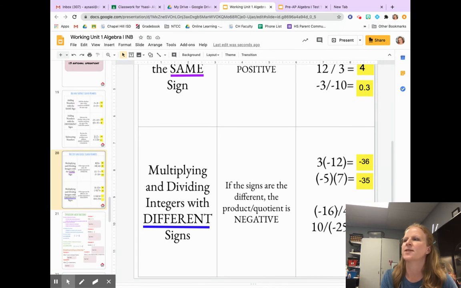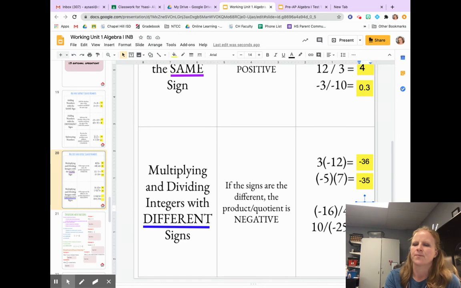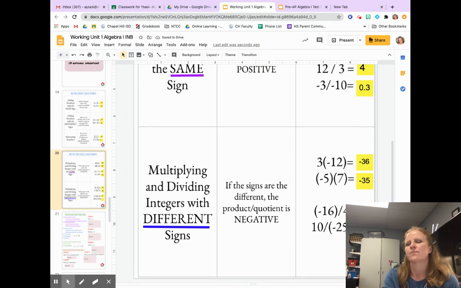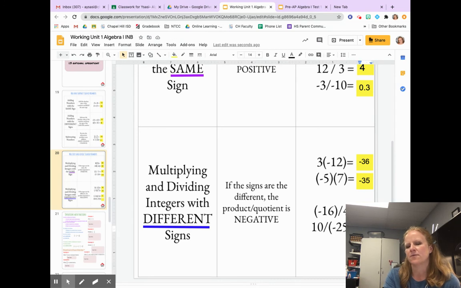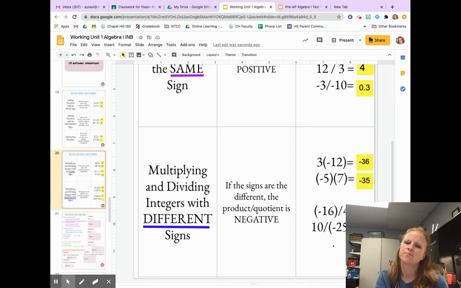Okay, the next one is division. So negative 16 divided by positive 4. Negative 4, good job. Ten divided by negative 25. So let's see. It's going to be something that we have to reduce.